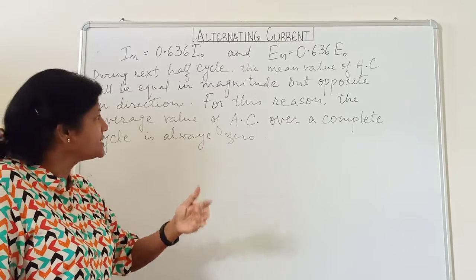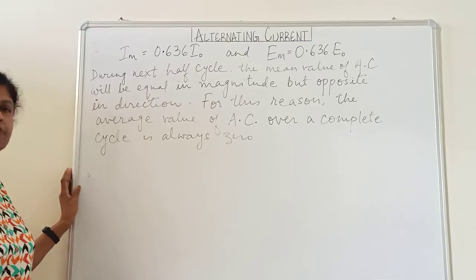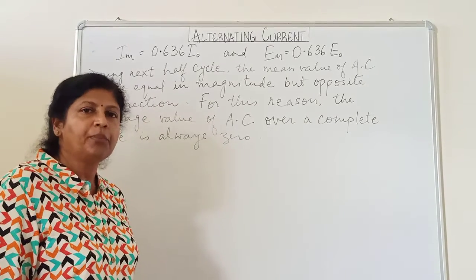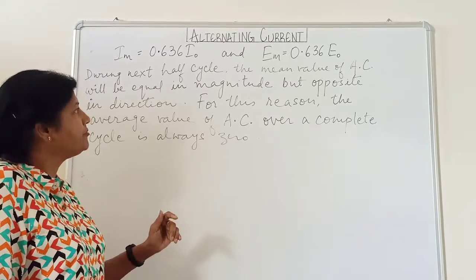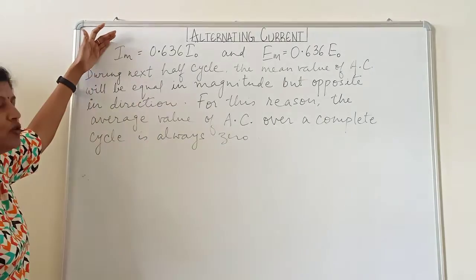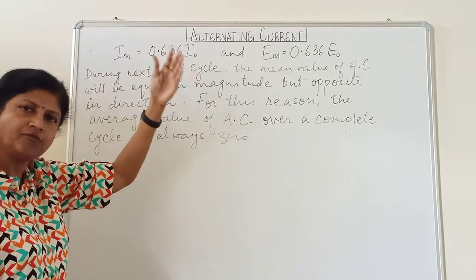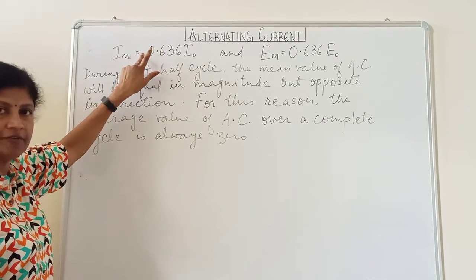For the next half cycle, the mean value of AC will be equal in magnitude but opposite in direction. That's why if we get one value of Im positive, for the next half of the cycle it will be negative.